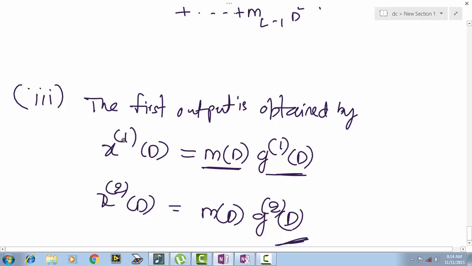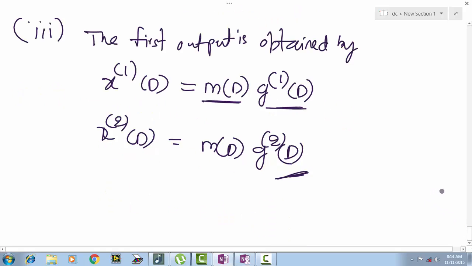In this case we are having two outputs, so we are computing two output polynomials. From the output polynomials we need to write down the sequences. So once we write down the two output sequences, we can write down the final output sequence by taking one bit from the first output, one bit from the second output. So in this way we can encode the given message sequence using the transform domain approach.